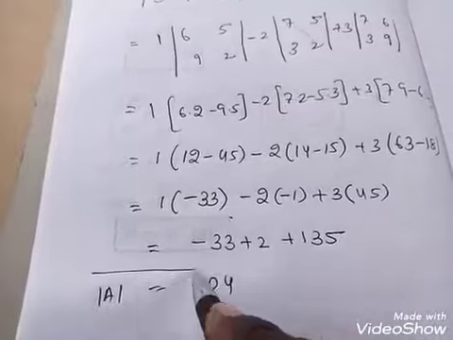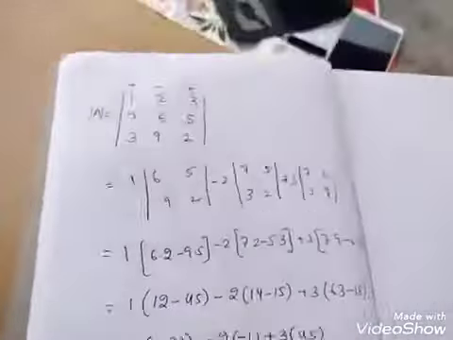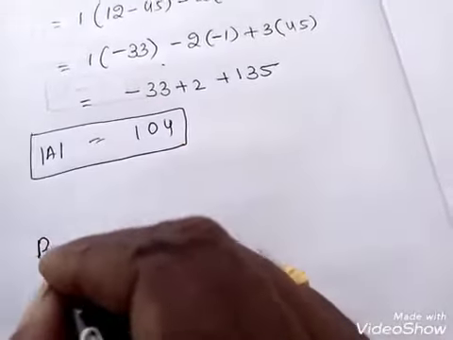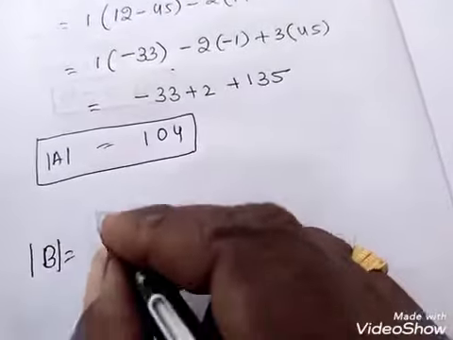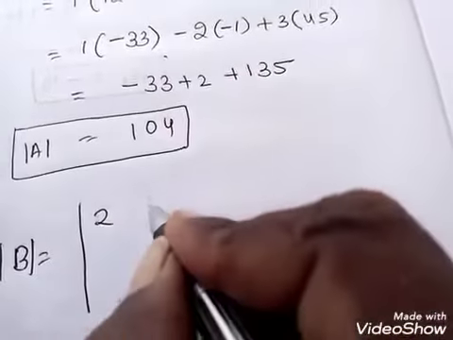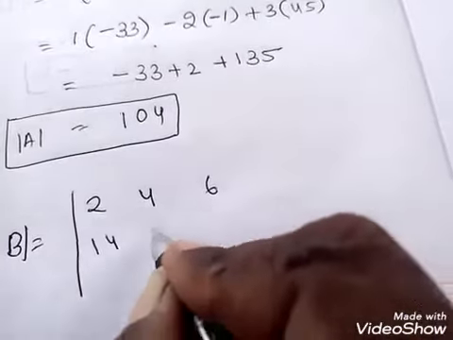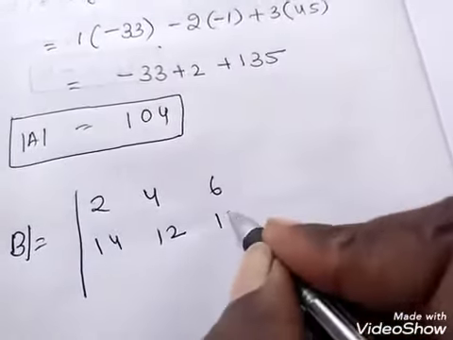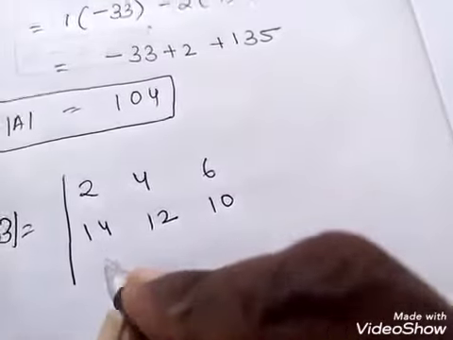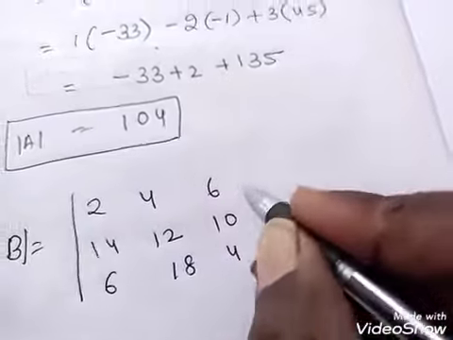Now further observe one more 3 by 3 matrix example. Here I am taking determinant B. Det of B I am taking as [2, 4, 6; 14, 12, 10; 6, 18, 4].